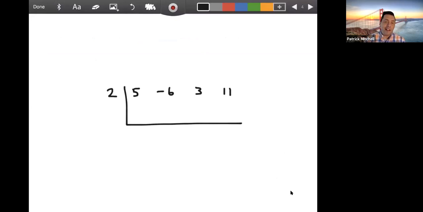And what's outside is a 2 because the divisor was x minus 2. We think of our divisor as x minus c. So that just matches up perfectly. All right, so now pause the video again and try to actually do this synthetic division. And when you're finished, come back and we'll compare notes.